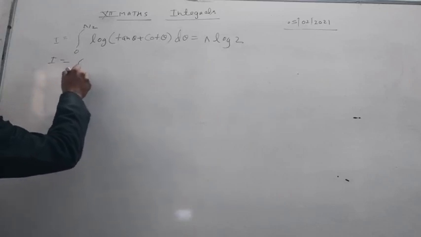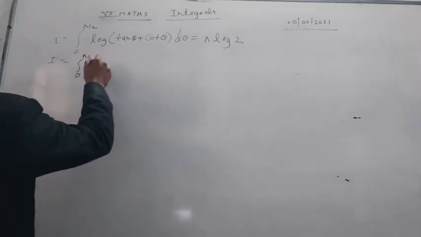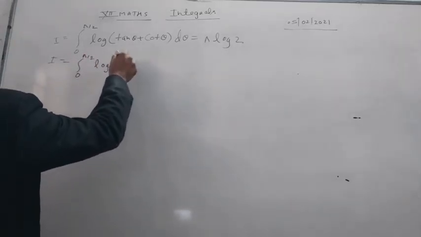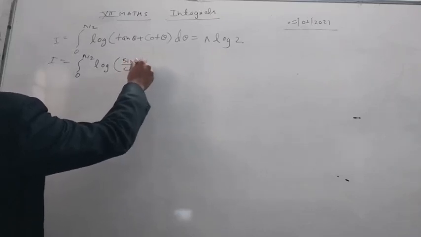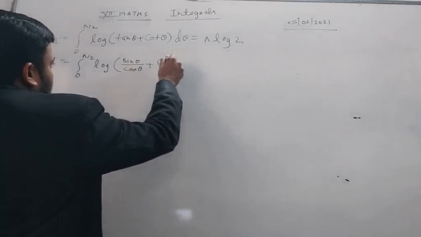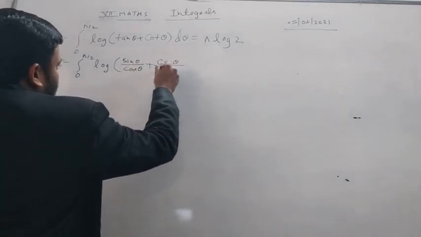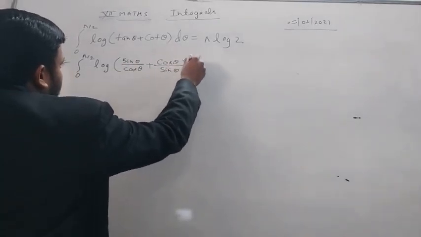I is 0 to pi by 2 log, this tan we can write sin theta by cos theta plus cos theta by sin theta d theta.